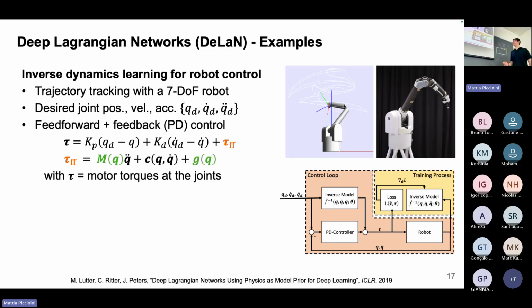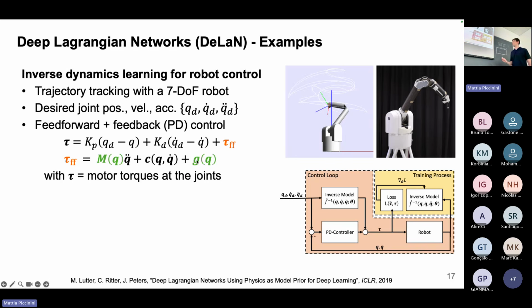And very simply, traditionally, tau t is given by the PD controller: a proportional controller that multiplies the desired reference minus the real position q, plus a derivative controller, where we take the target derivative. That works, but they said, okay, let's add a feed-forward term. So let's do feedback plus feed-forward control. And the feed-forward term was computed using the dynamic equation where M and G are learned. They are neural networks.